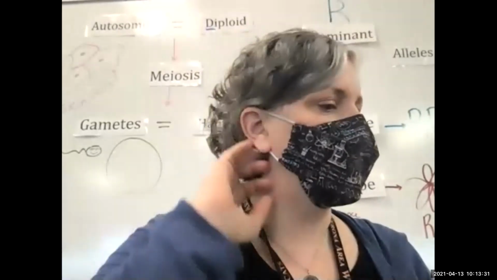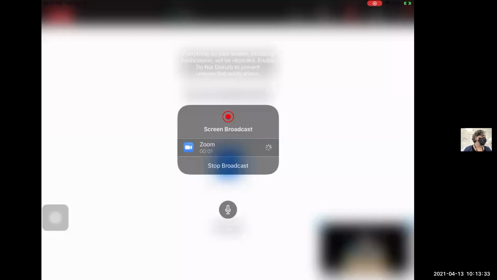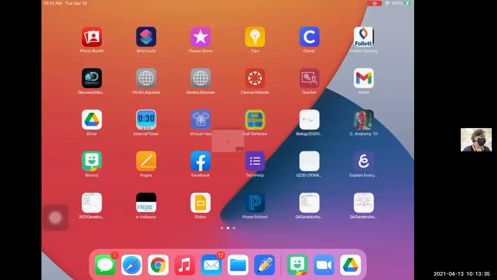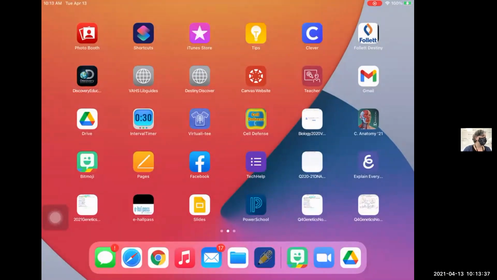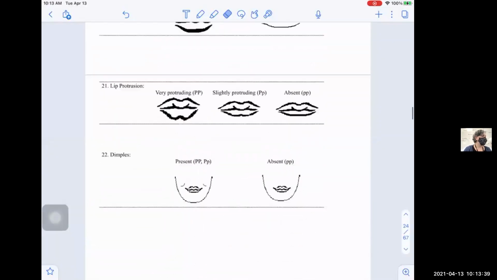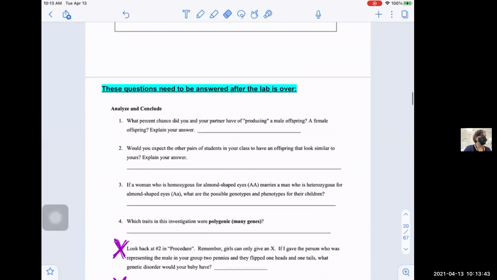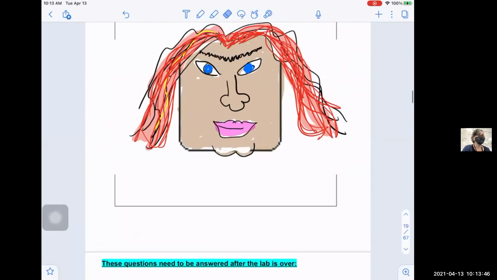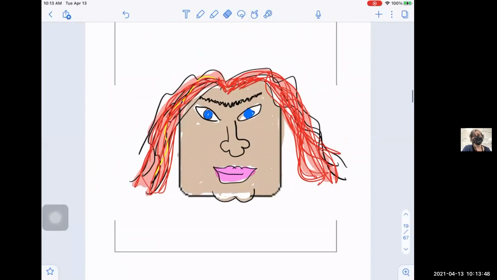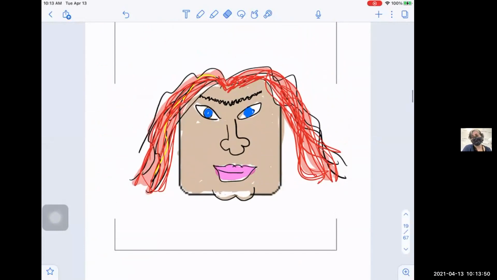Will do. All right. So let's take a look at your notes here. So if everybody would open up their genetics notes. So before we move on to today, I just want to remind you that it wasn't just drawing the beautiful picture of your baby. But this is my baby here that I made.